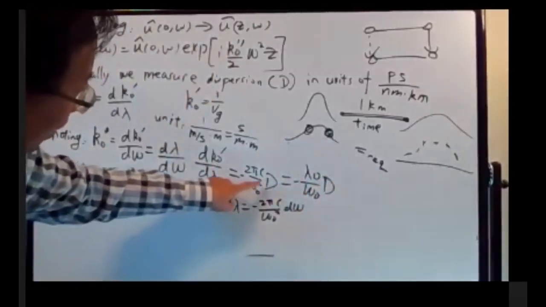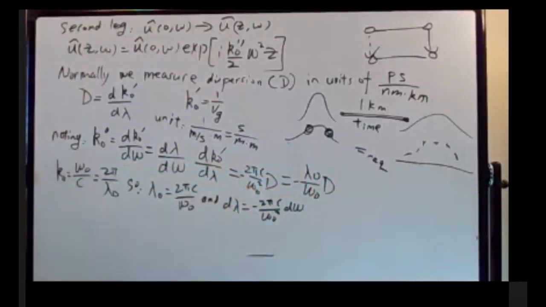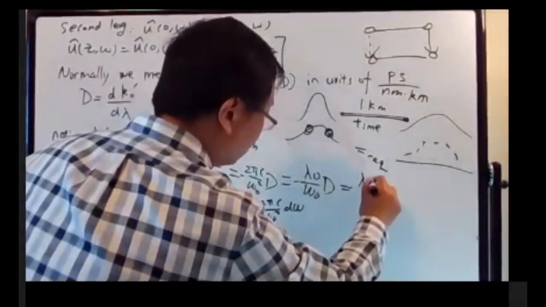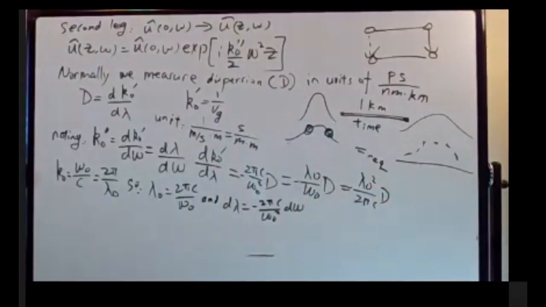So omega naught over c is 2 pi over lambda, and we simplify it. Okay, we can further make it omega is 2 pi c over lambda. So we can still write it as negative lambda square over 2 pi c, right? Okay, we will finish here.